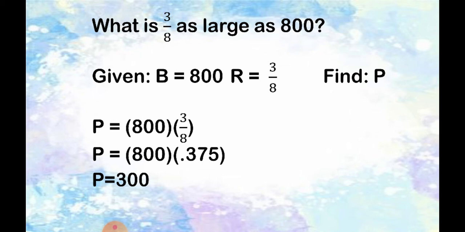Ang 300 daw sa 800 is yung 3/8, or 37.5% ng 800 is 300. Okay, again, 37.5% of 800 is 300.